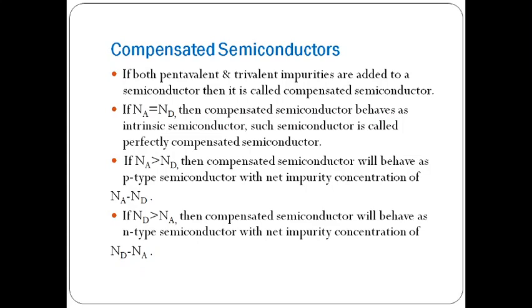Compensated semiconductors. If both pentavalent and trivalent impurities are added to a semiconductor, then it is called compensated. Till now we discussed intrinsic and extrinsic semiconductors. In extrinsic semiconductors, you can add either third group elements or fifth group elements to the pure semiconductor. But here, we are adding both pentavalent as well as trivalent impurities to a pure semiconductor.